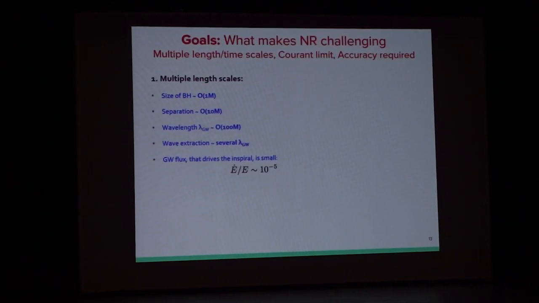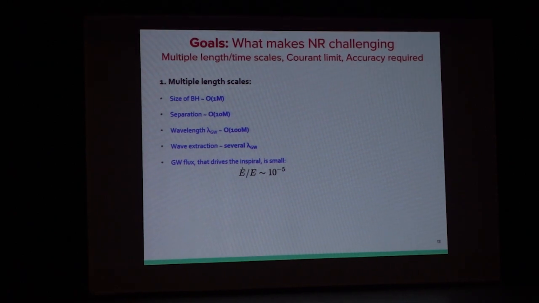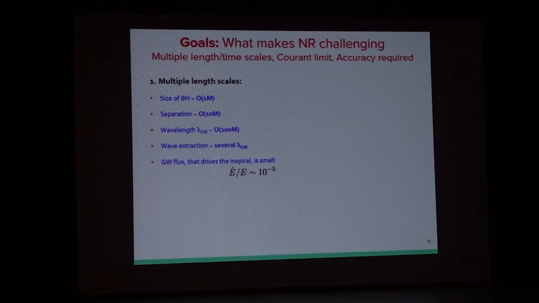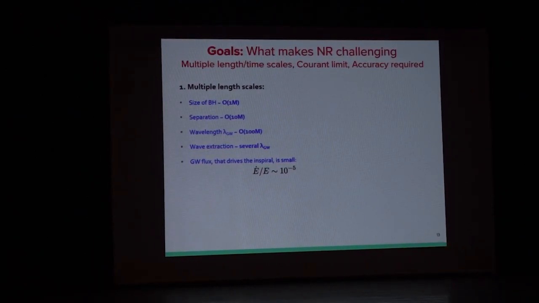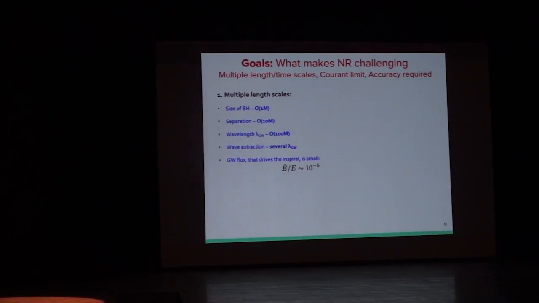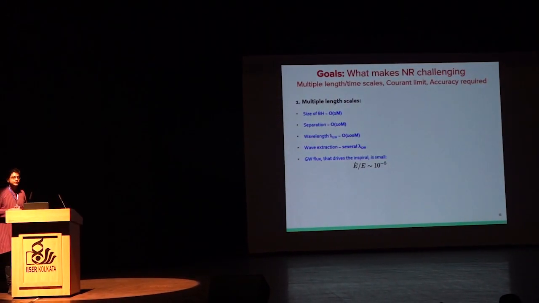Okay, so what exactly makes numerical relativity challenging? What makes these simulations hard? So there's a bunch of different things. The most important currently is the fact that we have many length scales to resolve in this problem, right?